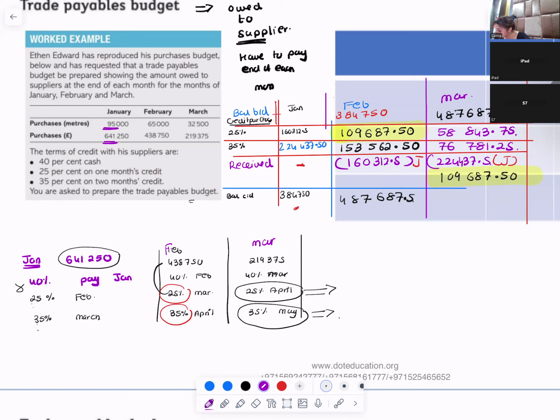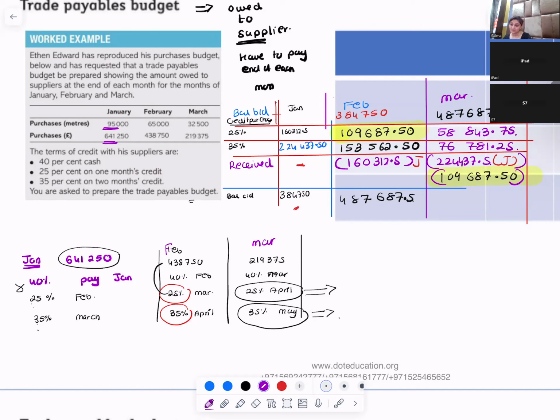What I receive will be subtracted. We'll have to add everything first. It is 487,687.5 plus 558,843.75 plus 76,781.25 minus 224,437.5 minus 109,687.5.